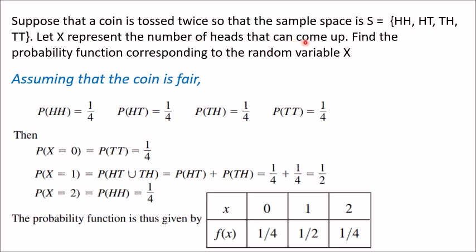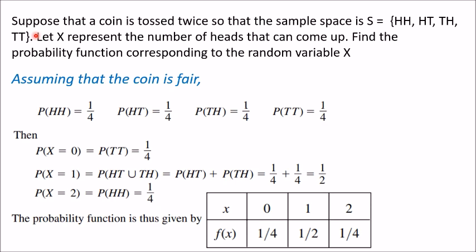Find the probability function corresponding to the random variable x. Ito yung problem kanina. Nire-write ko lang dyan para makita natin. So, of course, we will assume that the coin is fair. Kapag fair yan, ibig sabihin, pareho lang yung probability na lalabas yung head or tail. So we have 4 outcomes there in the sample space: HH, HT, TH, and TT.